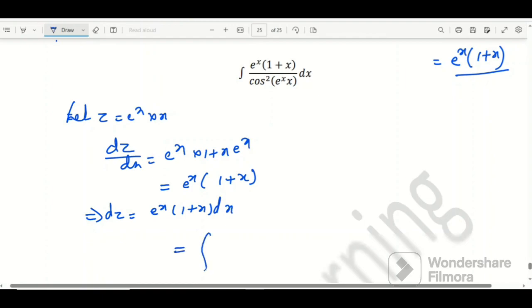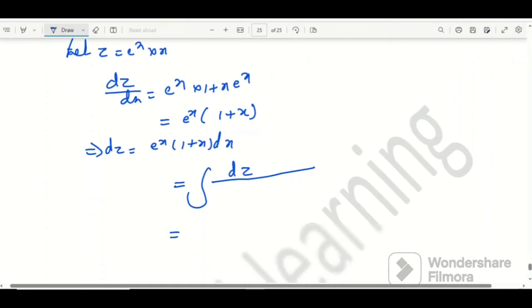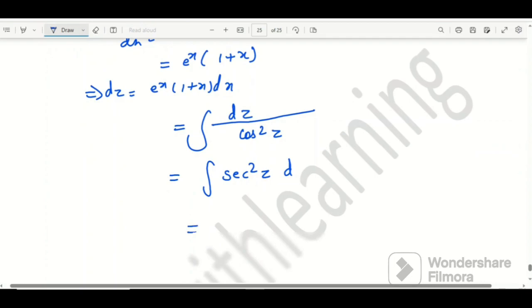So now we can write dz upon cos squared z, replacing e power x into x by z. So cos squared z in the denominator will become sec square z. And we know that the differentiation of tan z is sec squared z. So by method of inspection, the integration of sec squared z will be tan z.